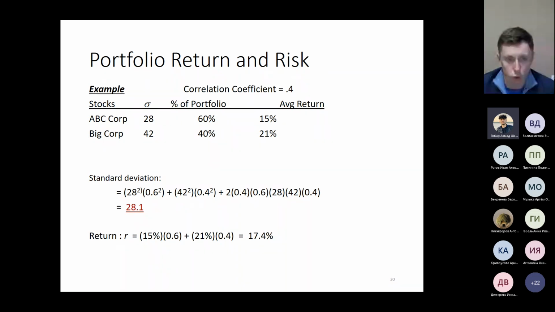We have two stocks. This is their standard deviation, fraction of the portfolio, and return. We put them together, estimate the standard deviation, estimate the return. The correlation coefficient is put here, and here is where we use it in the formula.